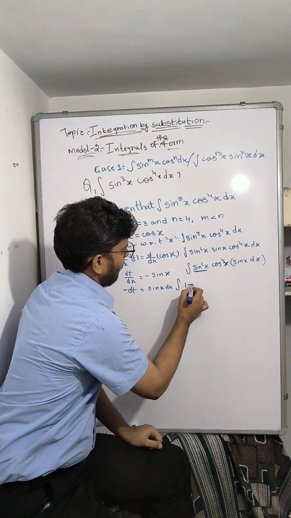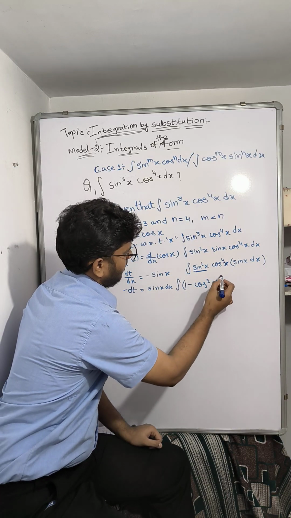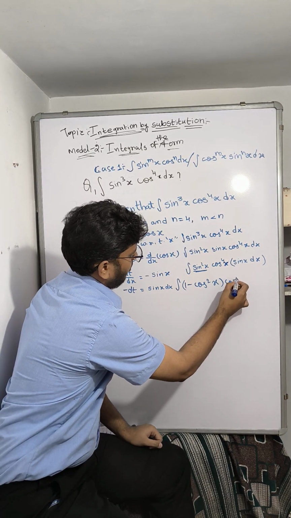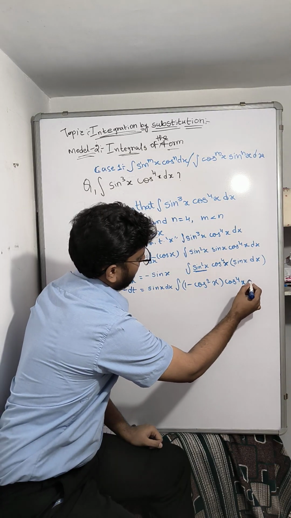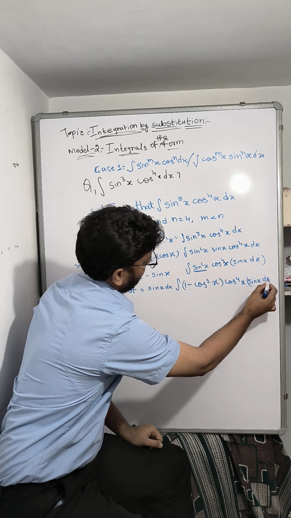Now write 1 minus cos square x, then cos to the power of 4x, then sin x dx.